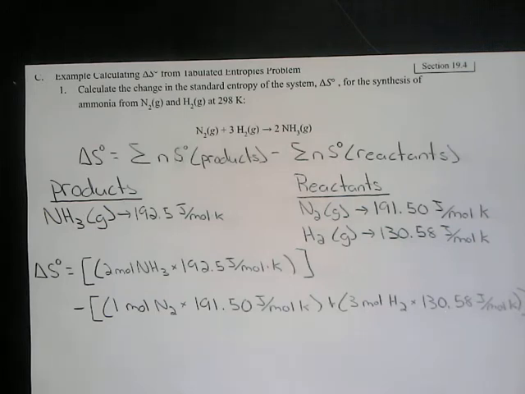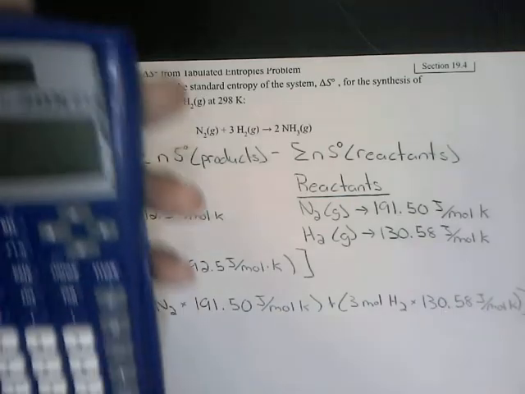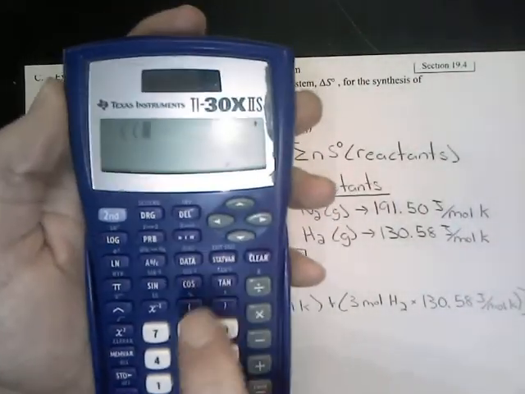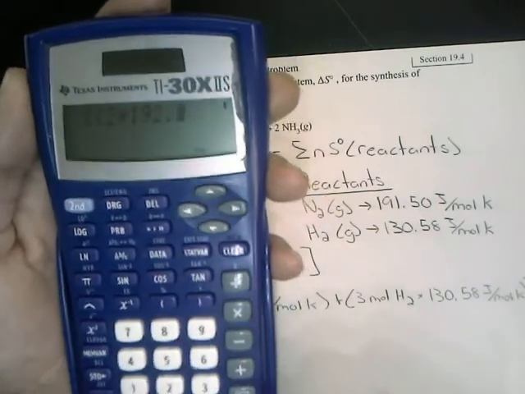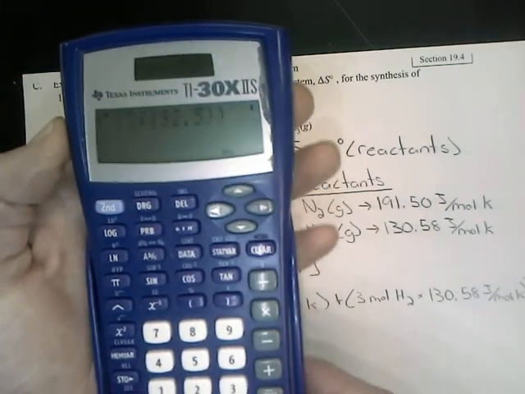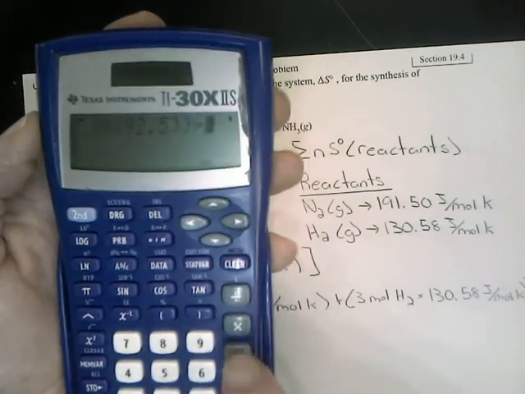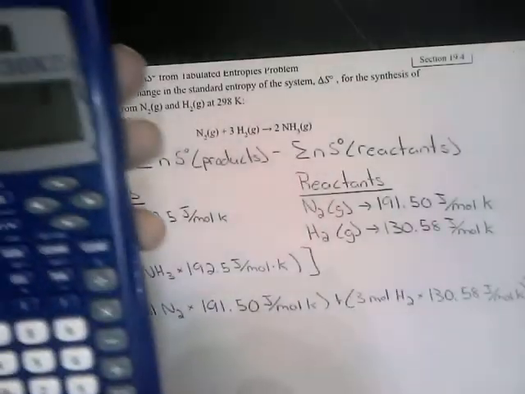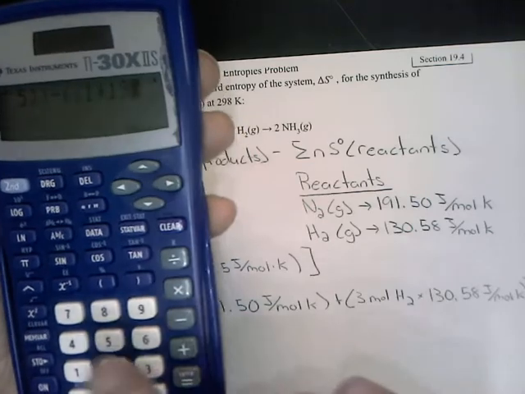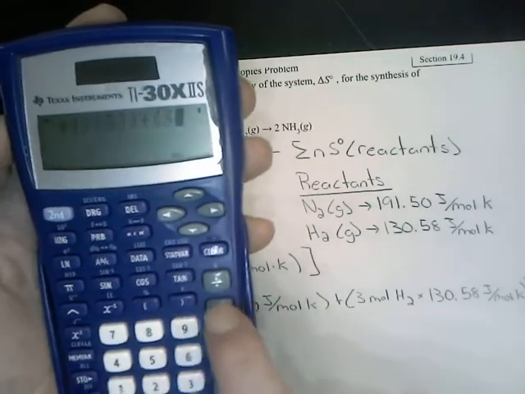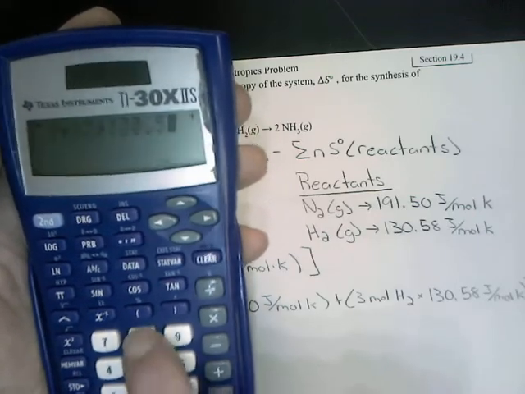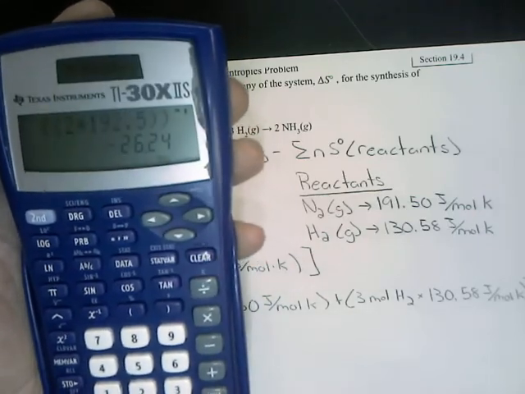All right? So, what we have here is this. We have our 2 sets of parentheses. 2 times 192.5. We close that set of parentheses. We subtract it from the double set of parentheses: 1 times 191.50 plus 3 times 130.58. We close that set of parentheses.